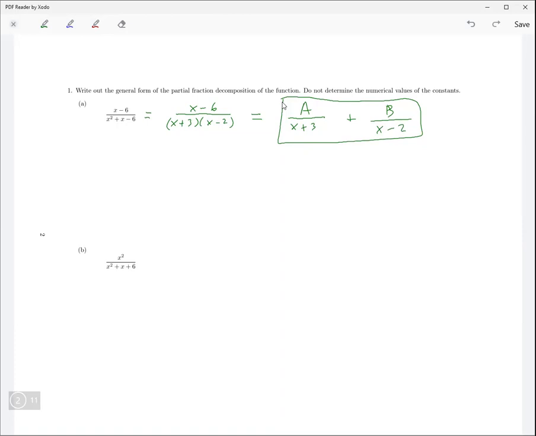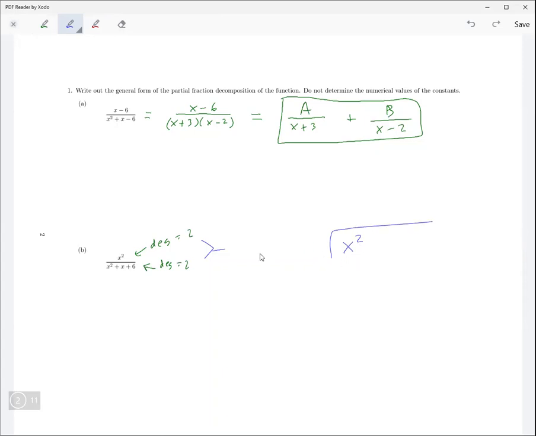Part B. For this one, because the degree of the numerator is 2, and the denominator is also degree 2, you want to do long division first.